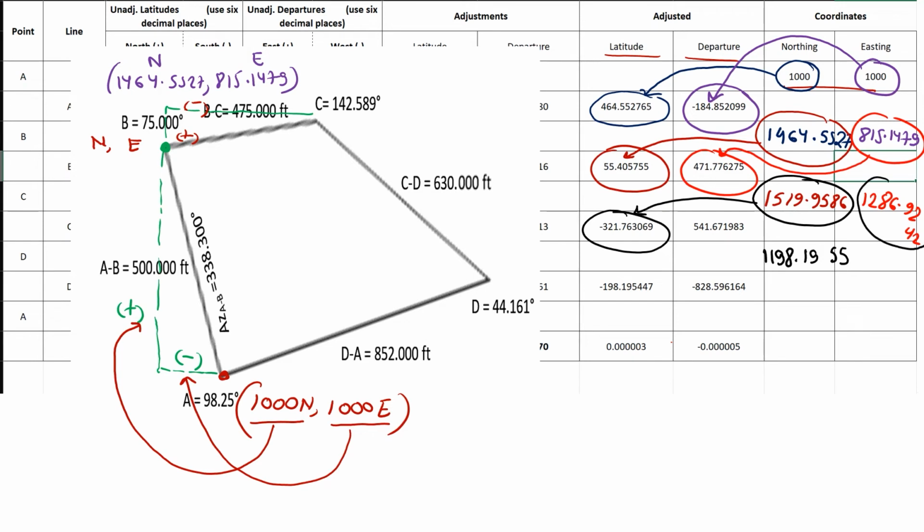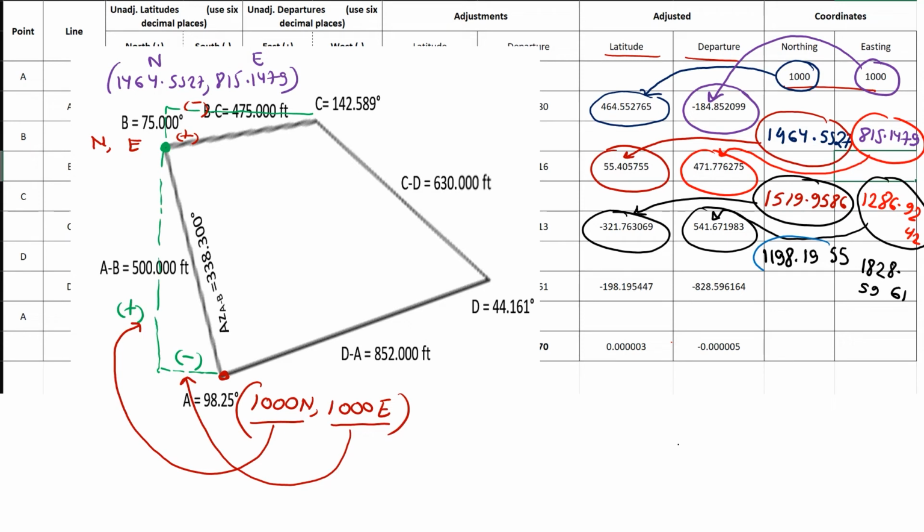Then you take this and you add this to this departure. That 1286.922 plus 541.671983. And that will give me 1828.5961.